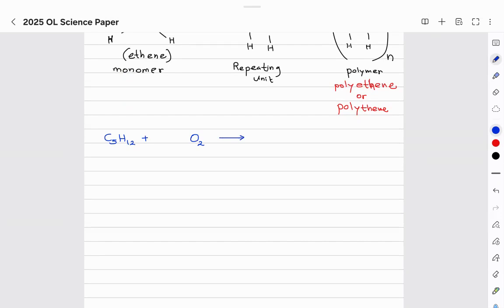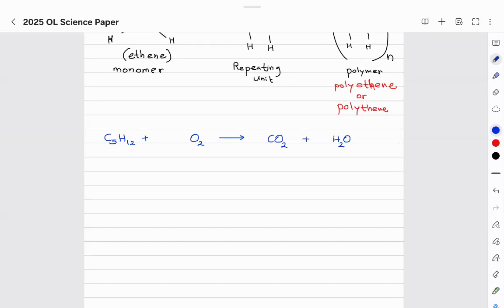Remember, this is a common rule: any hydrocarbon, whether it is an alkane, alkene or alkyne, when undergoing a combustion reaction, produces carbon dioxide and water, CO2 and H2O.